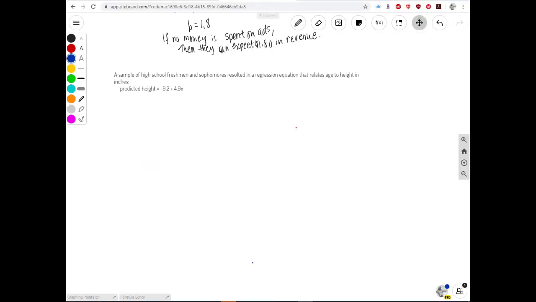Now, there are times where the Y-intercept is nonsensical, and this is an example. So this says, a sample of high school freshmen and sophomores resulted in a regression equation that relates age to height in inches. So here is my graph.